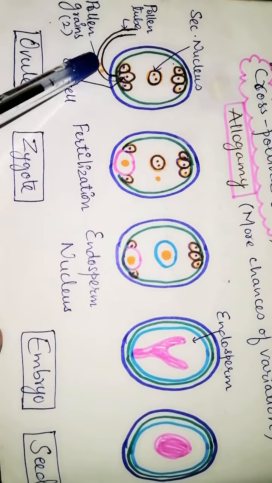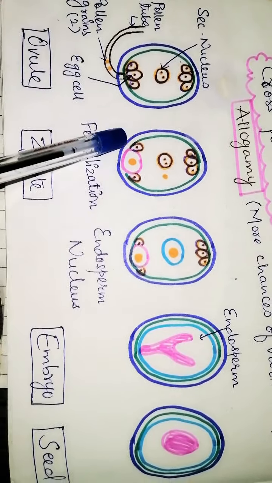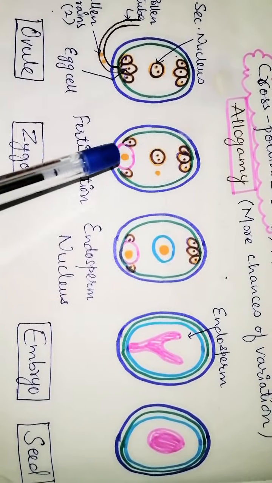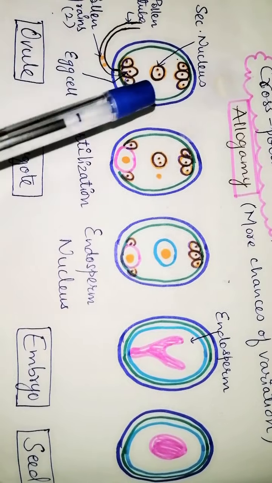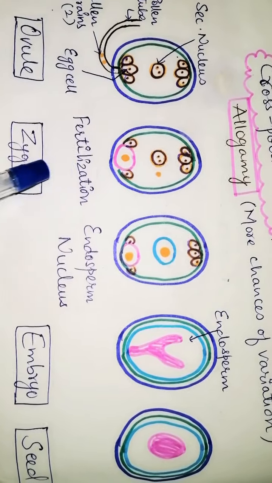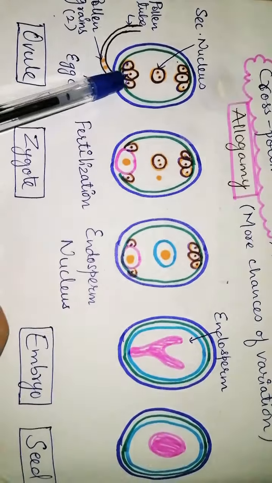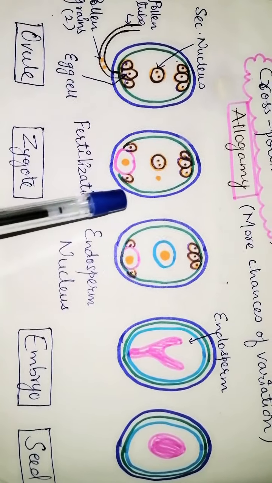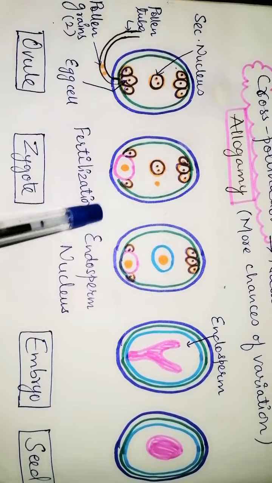Okay, so one of the pollen grains, rupturing the outer covering of the ovule, enters the egg cell and fuses with it to form a zygote. When the egg cell and pollen grain fuse with each other, it forms a zygote, and this process is known as fertilization.